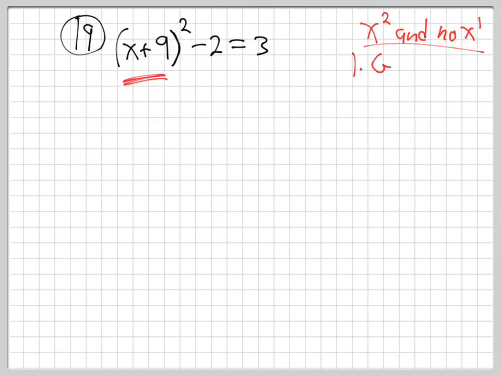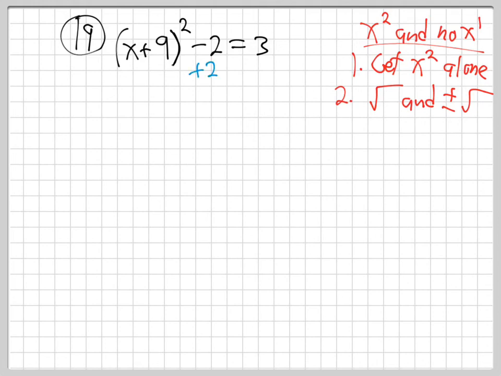So what do you do on this? You get the squared piece alone. Step 2, root and plus or minus. So this is the roof on the house, up and down the ladder thing. So you just get the squared piece alone, and then you root and plus or minus root. So add 2 to both sides.